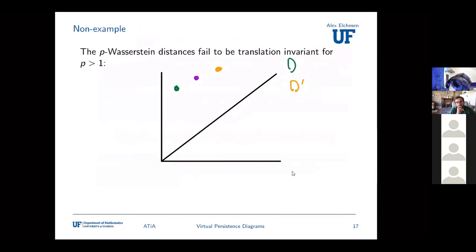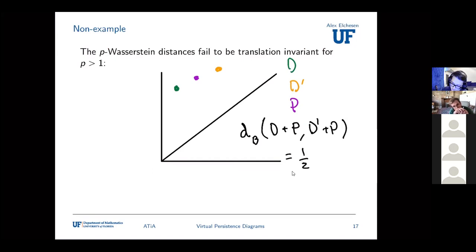Let's call that P. Then, writing plus for union, more on that later, the bottleneck distance between D plus P and D prime plus P is actually half the distance between D and D prime.